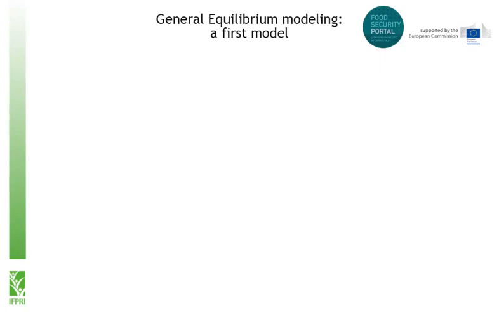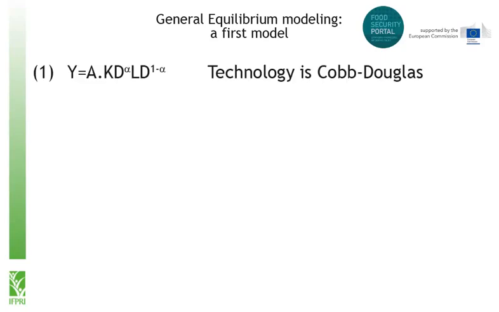First, if you remember the assumption, we supposed that technology is Cobb-Douglas, so it means that we've got an equation of production, which is a Cobb-Douglas technology. Y is equal to A times KD at the power alpha times LD at the power 1 minus alpha. So this is the Cobb-Douglas technology. What we can do is derive from cost minimization the demand for capital and labor.